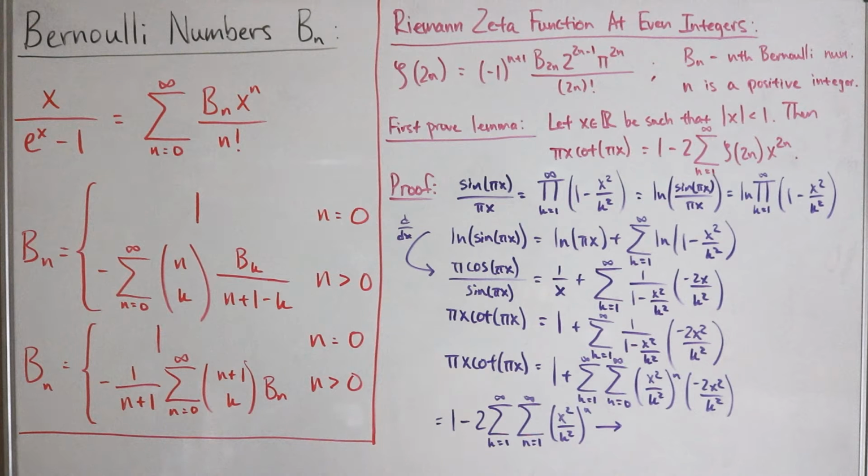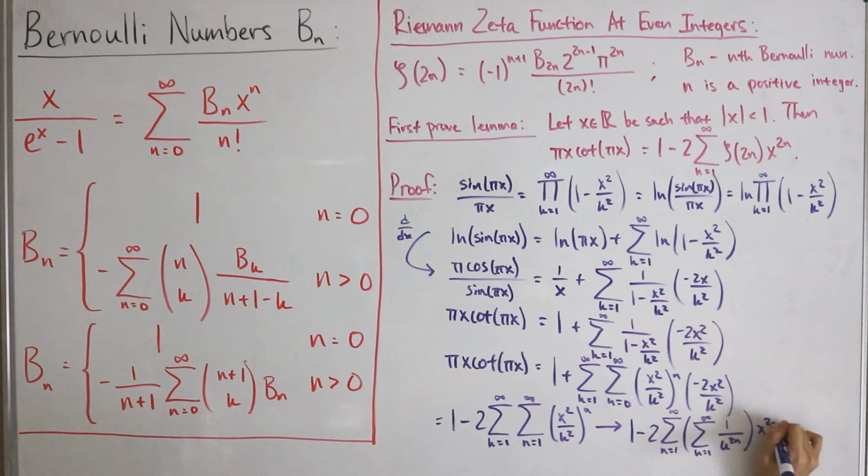Then taking another step further, I'm going to interchange the sums. This is actually valid by Tonelli's theorem. And so what we have now is 1 minus 2 times the infinite sum, n is equal to 1. And then to write things even further, if I change that sum back and rewrite things, I have the infinite sum, k is equal to 1 of 1 divided by k to the power 2n, and then factor out the x to the power 2n outside.